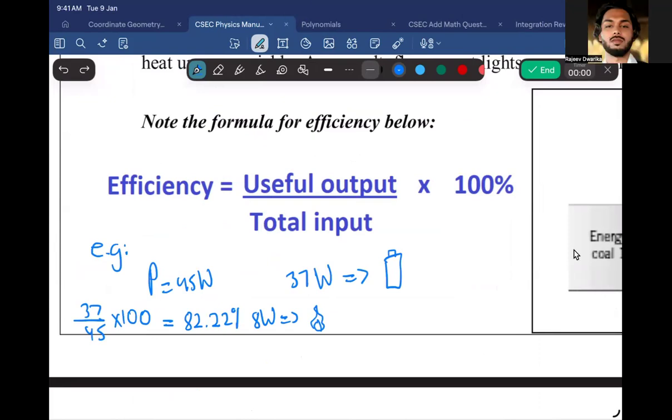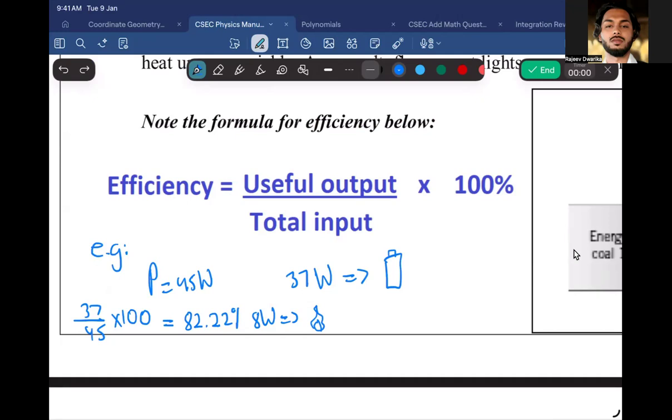So you understand you could be putting in plenty of energy, but it could be supplying a certain amount of power to something, but only some of the power is actually being utilized to do what you want it to do. Some of it is actually being wasted.